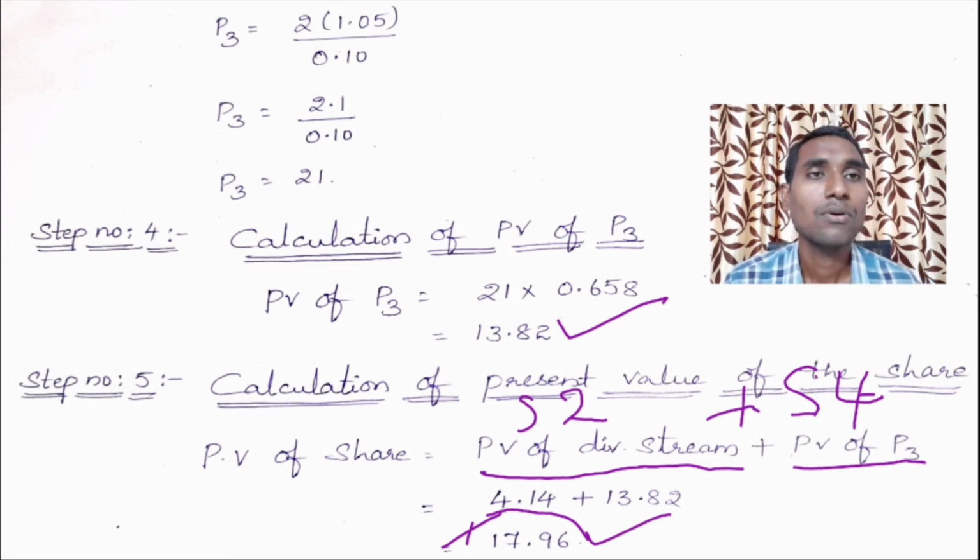So this is how you will be using this multiple growth rate model to obtain the value of equity share. This model is to be used only when in the question the dividends grow at 2 different rates.